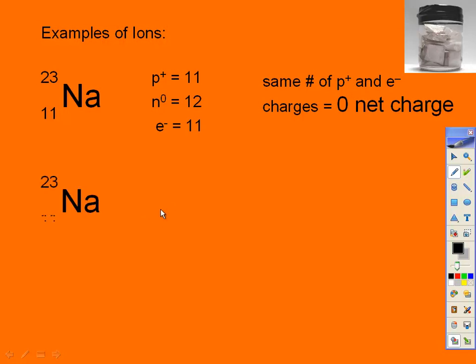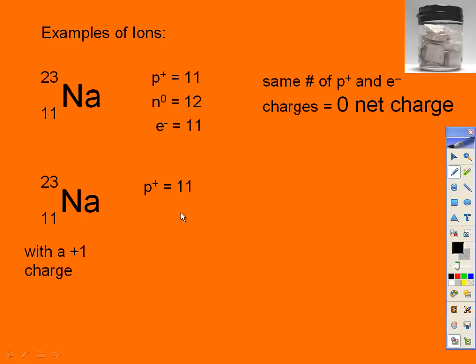Let's say, however, I've got a sodium with a +1 charge. And sodium does like to become an ion with a +1 charge sometimes. In fact, in salt, sodium chloride, that sodium is an ion. It's not a sodium atom, it's a sodium ion with a +1 charge. So it still has 11 protons. That doesn't change because it can't be sodium if it has anything other than 11 protons.